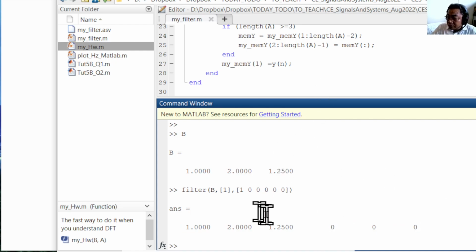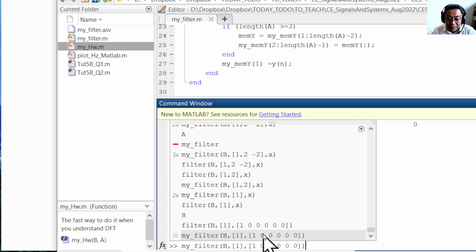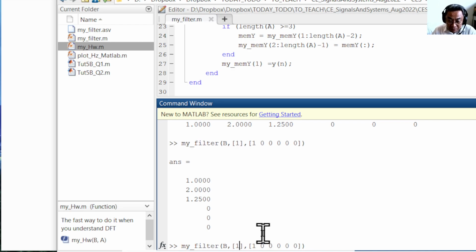So I also wrote my filter, and I'm going to see what my filter does. It also returns the same 1, 2, and 1.25 with the rest of the zeros. So just to be sure that my function is correct, I'm going to change the a to have some feedback, 1, 2, and 3.